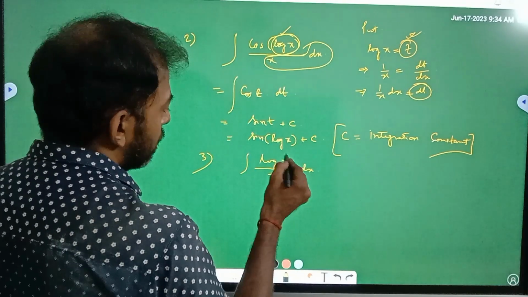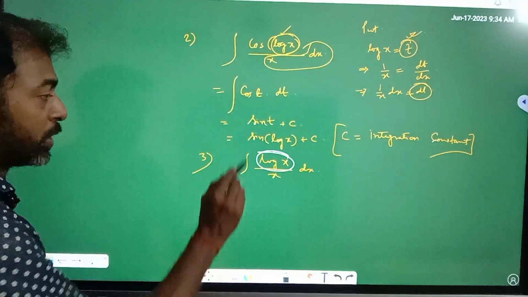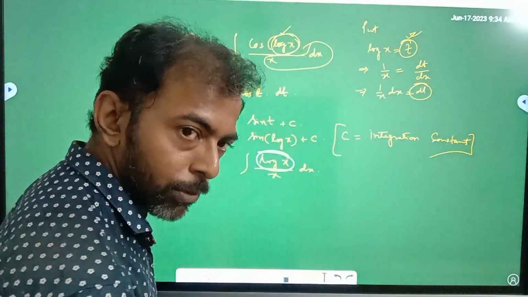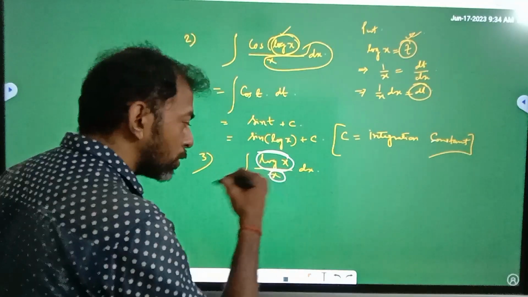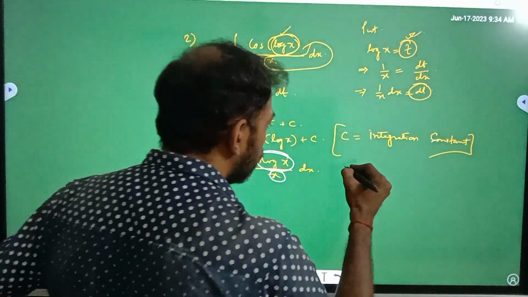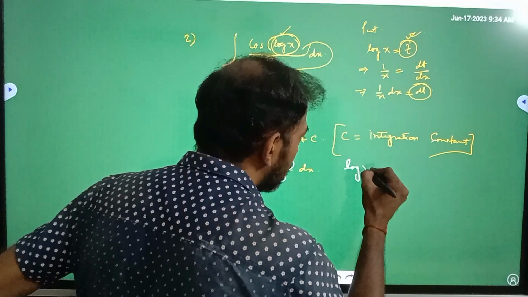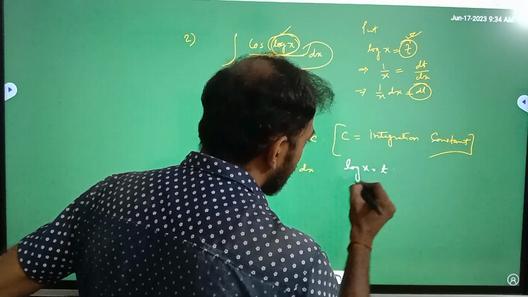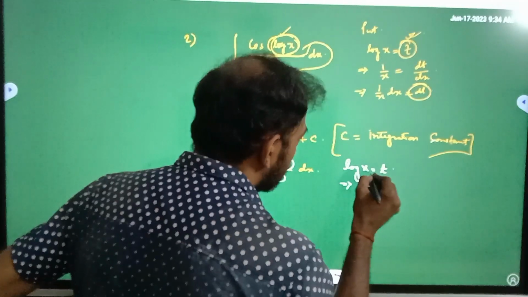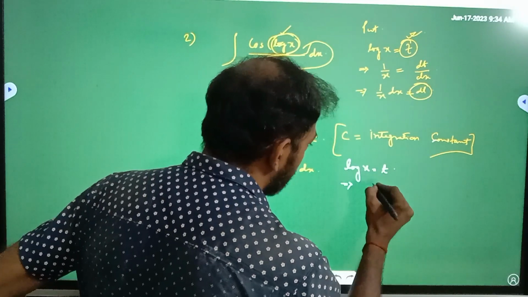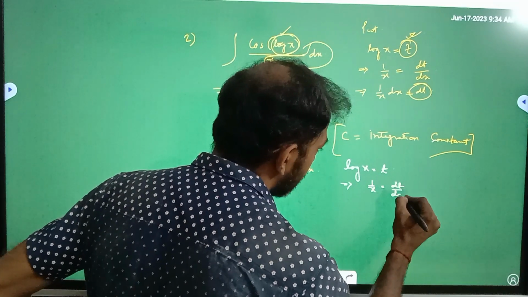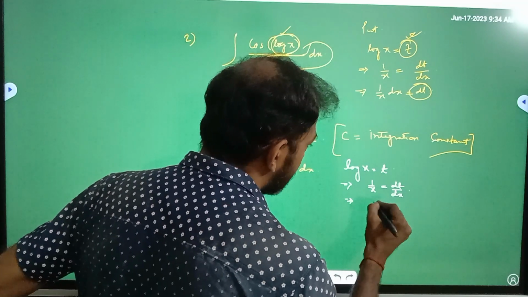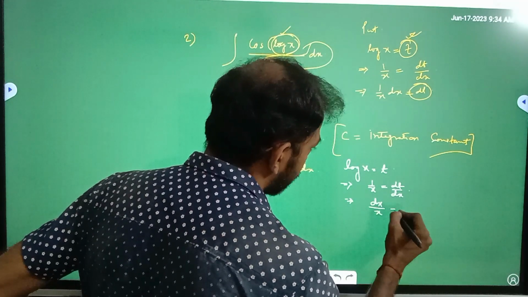We all know that log x has derivative 1 by x, and 1 by x is also present here. So we substitute log x by t, and its derivative 1 by x gives dt by dx. Hence, dx by x is dt.